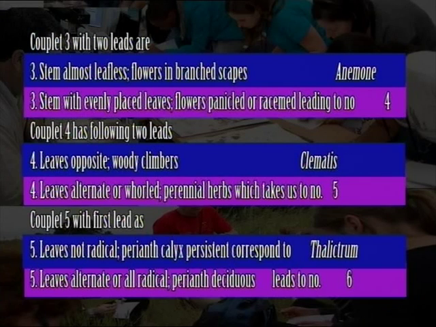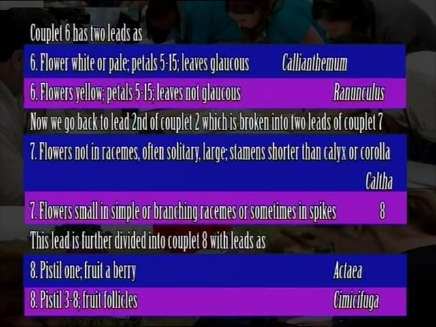Couplet 5 with first lead is leaves not radical, perianth calyx persistent, identifies Thalictrum. Couplet 5's second lead, leaves alternate or all radical, perianth deciduous, leads us to couplet 6. The sixth couplet starts with flowers white or pale, petals 5 to 15, leaves glaucous, which identifies Callianthemum, and the second lead is flowers yellow, petals 5, leaves not glaucous, which identifies Ranunculus.